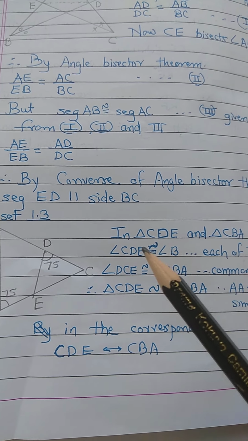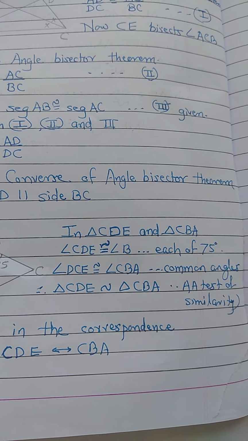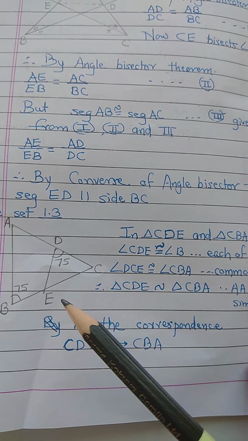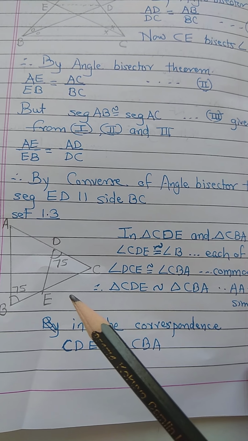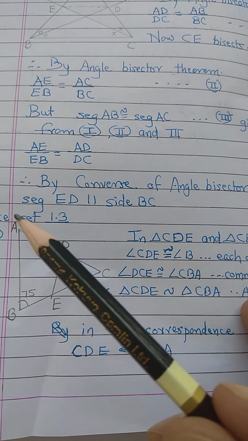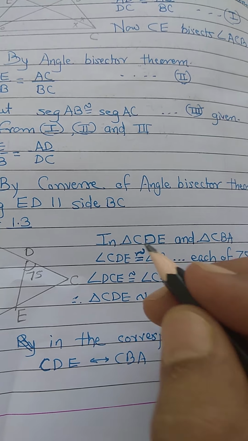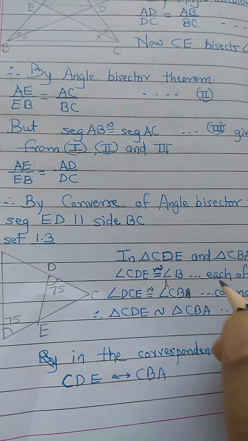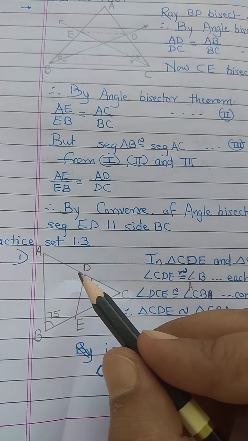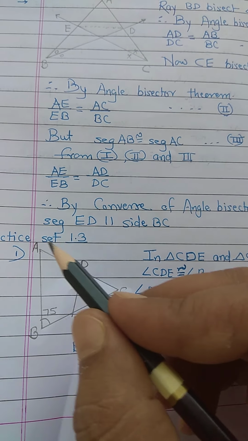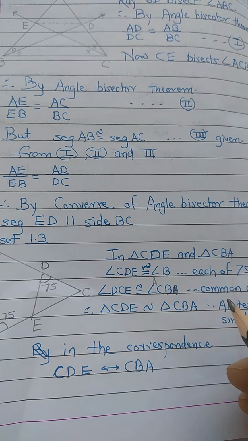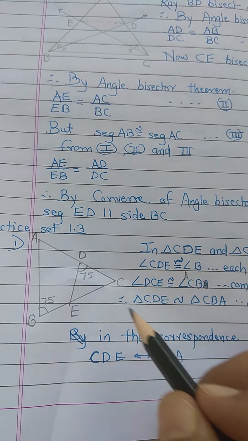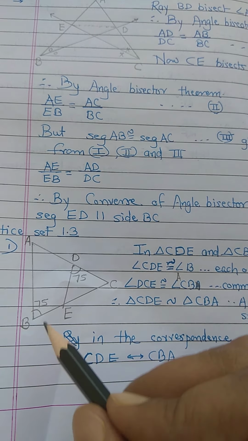Therefore they are congruent because each is 75 degrees. Angle DCE should be equal to angle ACB because of the common angle.